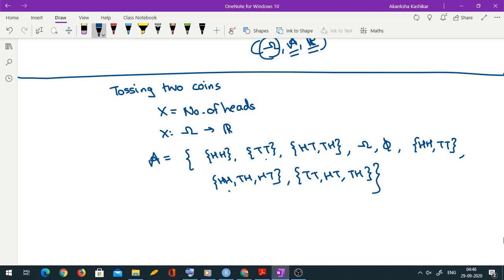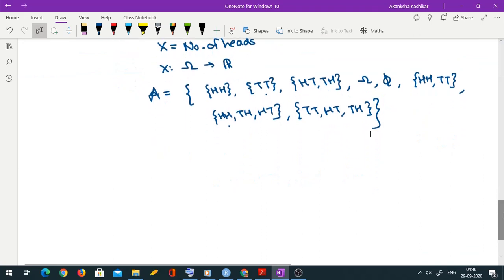So we are done. So this is suppose script A. Now what we know is X has three possible values, 0, 1, 2. When I say X has three possible values, we have already discussed that the inverse image depends only on which possible values of X belong to that set. The actual set doesn't matter.